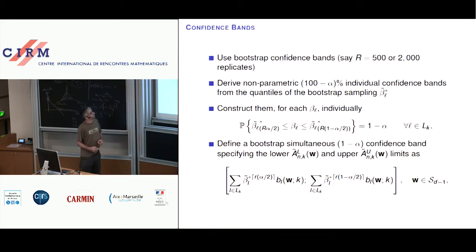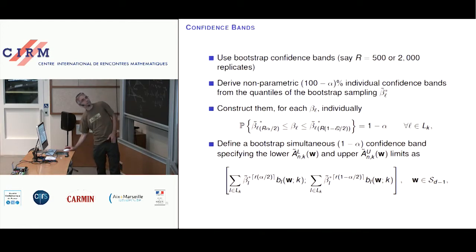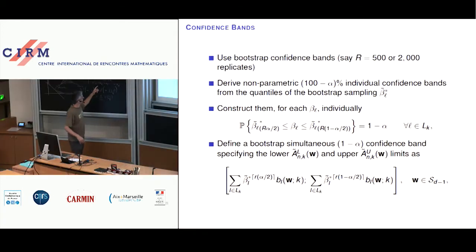And then you can use the bootstrap betas to construct the confidence band. We tried the other option, which was just to bootstrap on the observations, then get the A hat and compute the confidence band on the A hat. But it was not working very well. In fact, using the beta improved the algorithm very much.